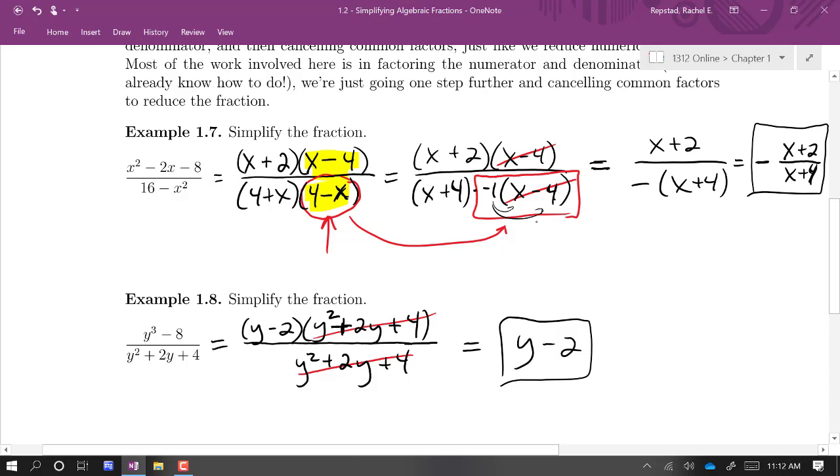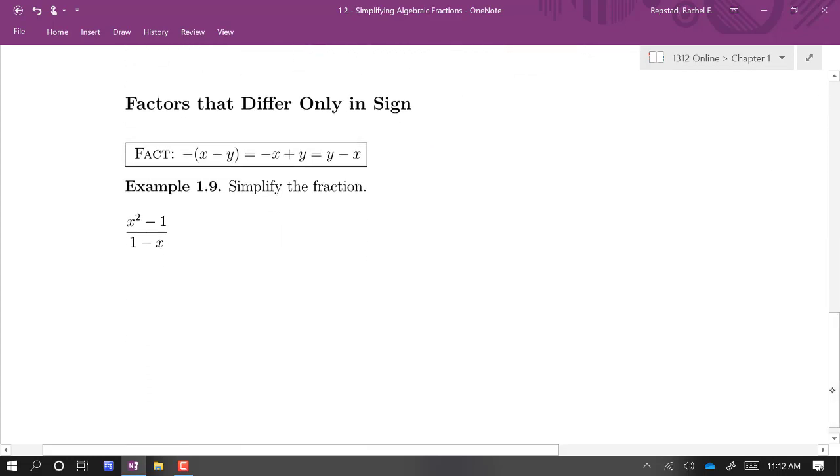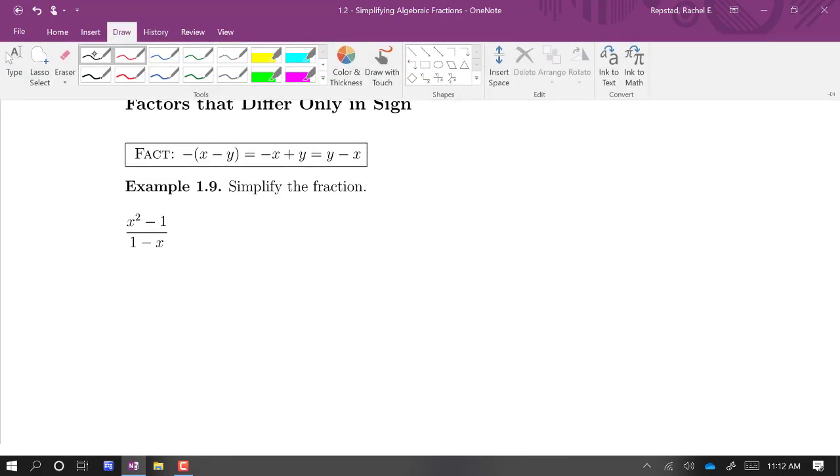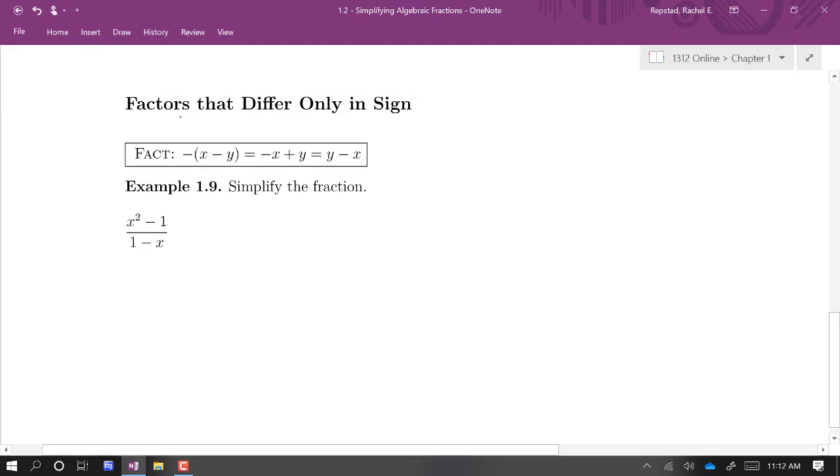If you distribute that -1, you can see that you'll recover that. So down here we're just formalizing that, that you can reverse the order of subtraction by factoring out a -1. So kind of comparing these two expressions.